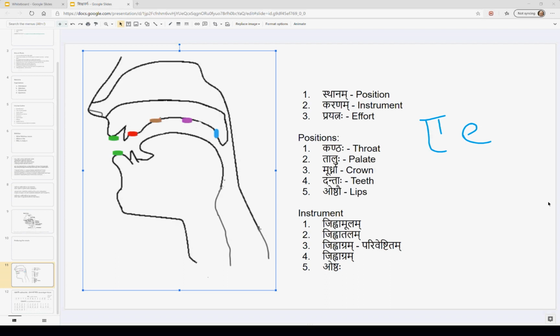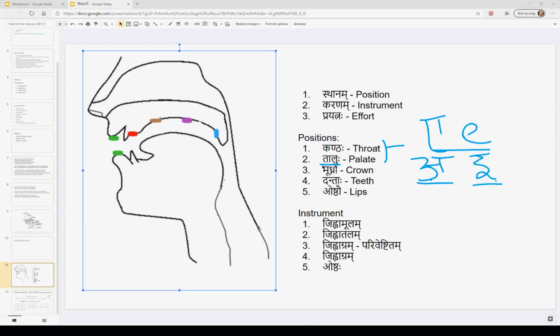Kantha-talu, because A is a combination of O and E, as we have seen after a long discussion. O's position was throat, E's position is talu. So A is a combination of kantha and talu, throat and palate, which is obvious. I don't think there is any doubt about this.